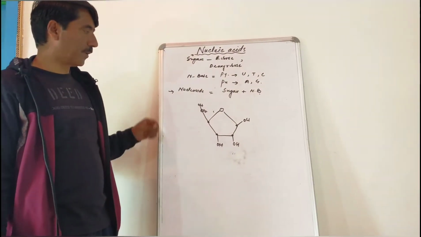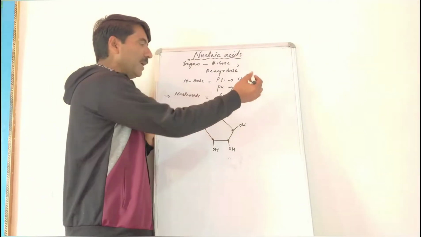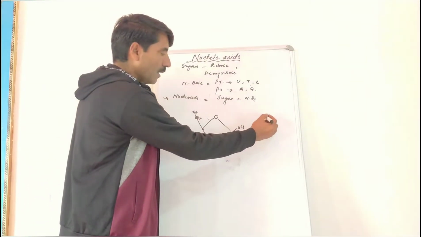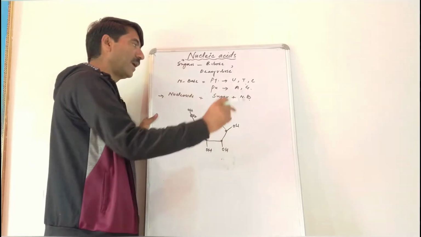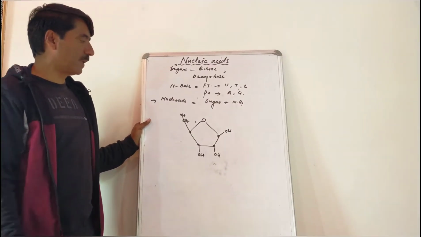Now this is the sugar, and a nitrogenous base, whether it is pyrimidine or it is purine. Now the pyrimidine is single ringed and purine is double ringed nitrogenous bases.